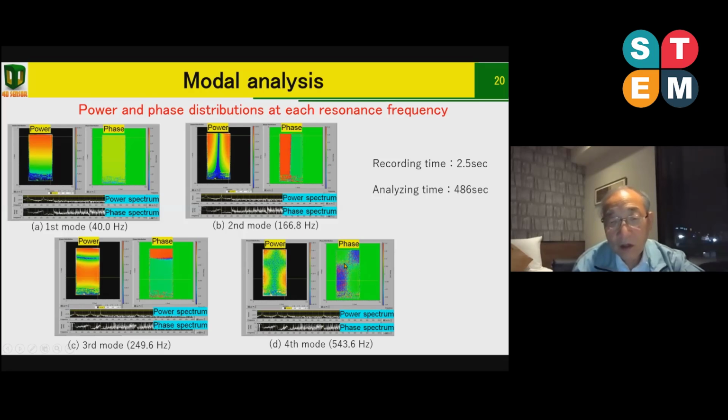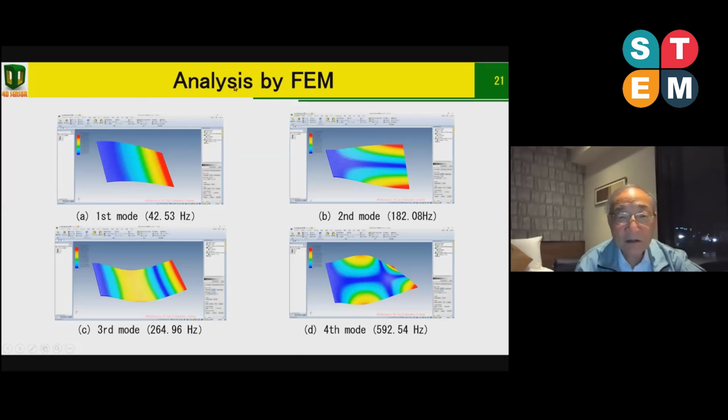So we can obtain the power distribution and phase distribution at the 543 Hertz position. This is the first mode. By analyzing the vibration using the finite element method, we can obtain almost the same data like this.